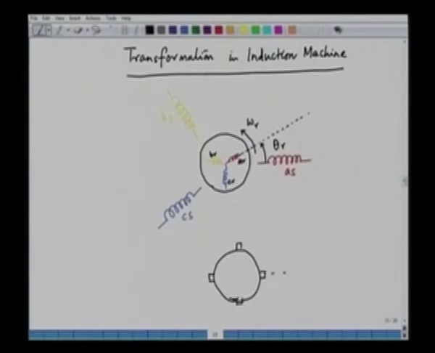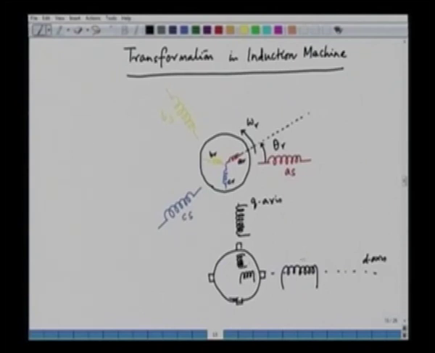So, this is our D axis, and this axis is the Q axis. So, we have a D axis stator, we have a D axis rotor, we have a Q axis stator and we have a Q axis rotor.